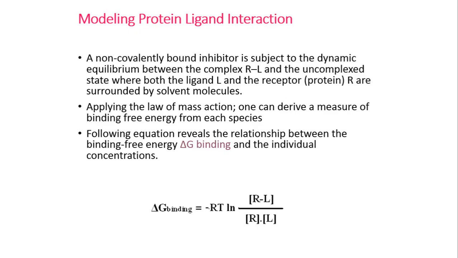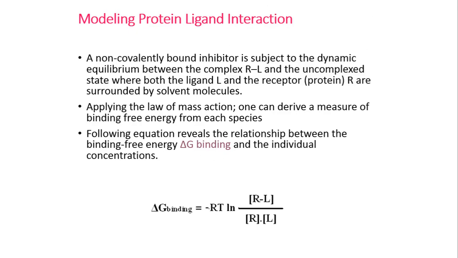So now when you say that you model protein-ligand interaction, what exactly do you model? Say for example, to begin with, a non-covalently bound inhibitor is subject to dynamic equilibrium between three states. One of the states is that the ligand is in complex with the receptor, which I would call R, and L would correspond to your ligand.